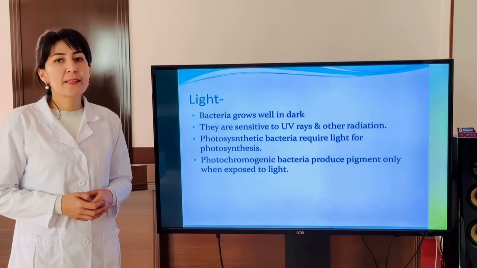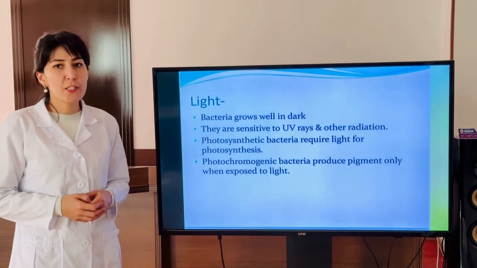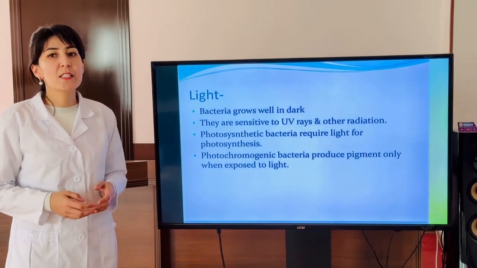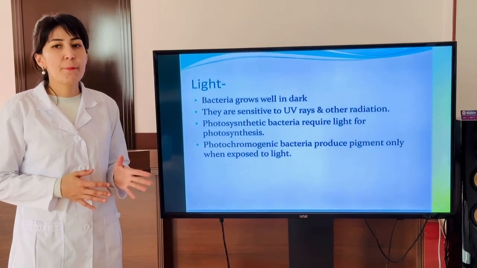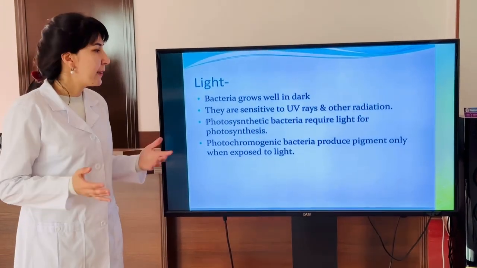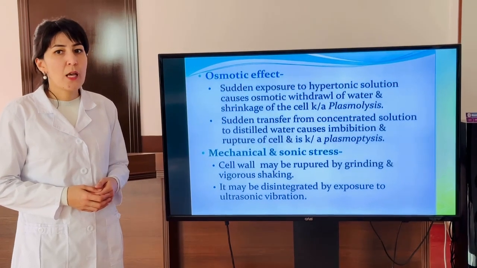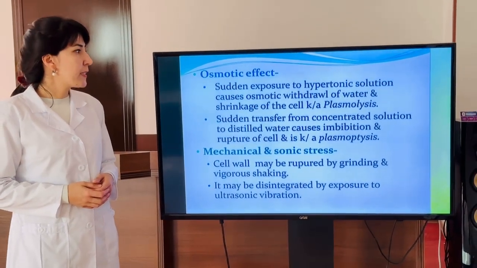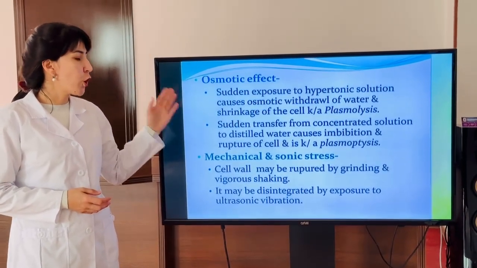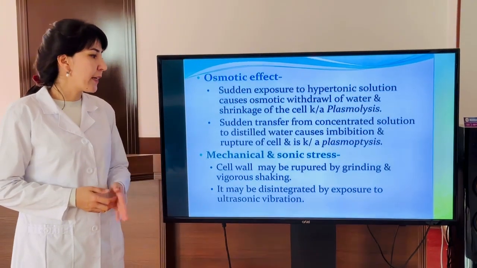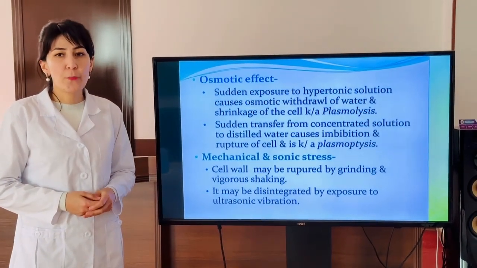Light is another important factor for bacteria. Bacteria grow well in the dark, and some bacteria grow in a lighted environment. We can also speak about osmotic effects and mechanical and sonic stresses.